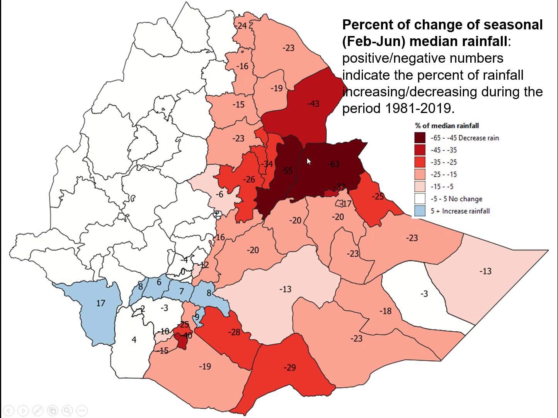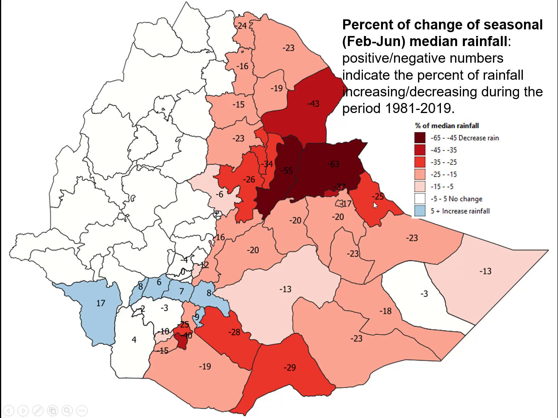Then comes the percent of change of the seasonal median rainfall based on this February to June rainfall total. So what we're mapping right here is how much of the median is that change that we identified. So what we are seeing here is that these regions are losing 63%, 55% of the median, 26, 34.